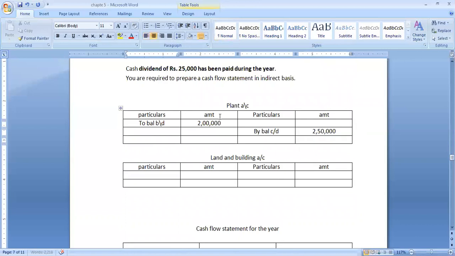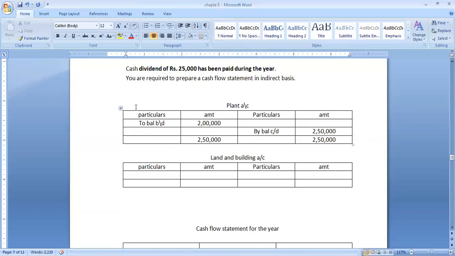So make a total of this. It is again 2 lakh 50,000 total, and here also it is 2 lakh 50,000. So 50,000 will be the balancing figure. Where do you get the balancing figure?